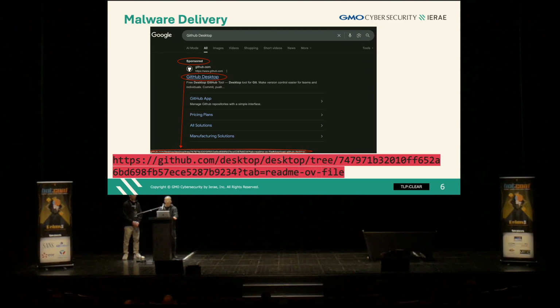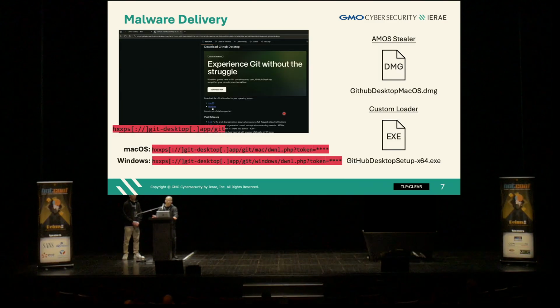But when we actually opened that page, something was strange. I said that this page is the GitHub Desktop official repository, but if you click the download link, you can see it is not an official GitHub domain. It is an attacker's domain.